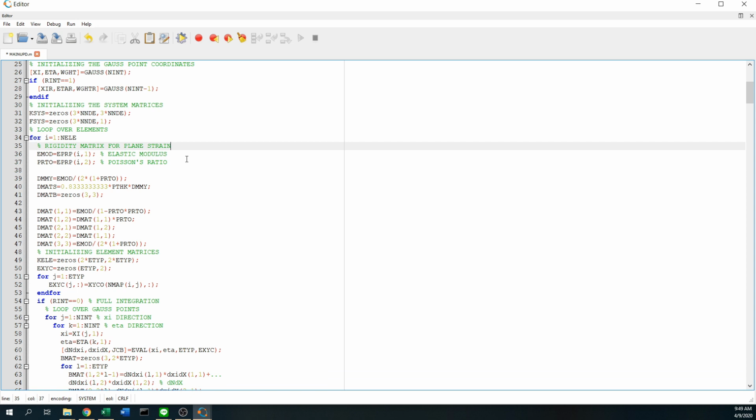Rigidity matrices for plate. Mindlin plate.